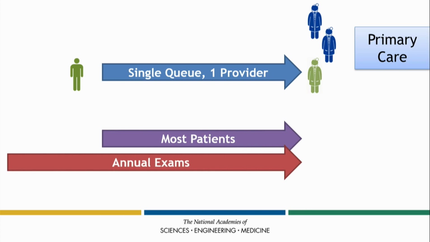So, for example, for most patients, the next availability is tomorrow. But for annual exams, they have to wait 3 weeks. We want to eliminate these rules as much as possible, the different amounts of waiting. And really, designing a system that has that view of one queue of patients to their PCP is going to help us do that.